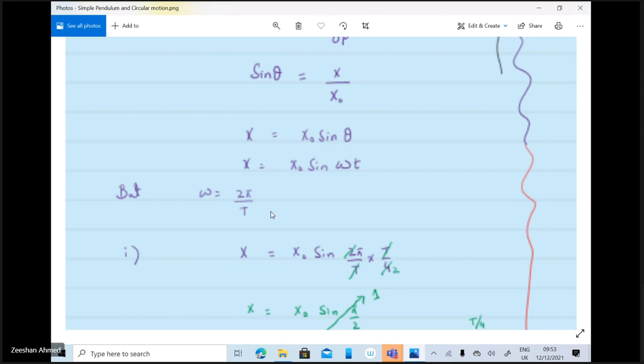Isn't it x equals minus x naught? Minus means the other direction. So now will it go up or down? Down. It started from the middle, it goes up, then down, and this is the mean line. It will go down now.